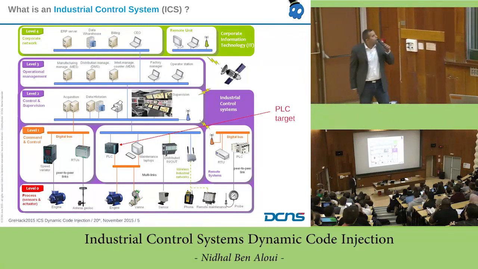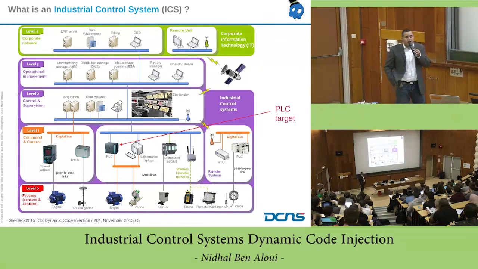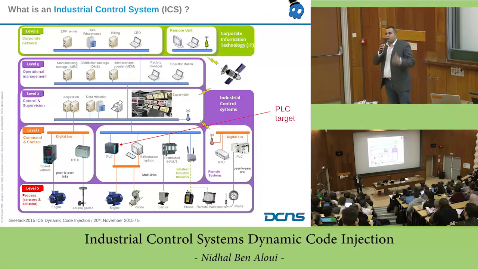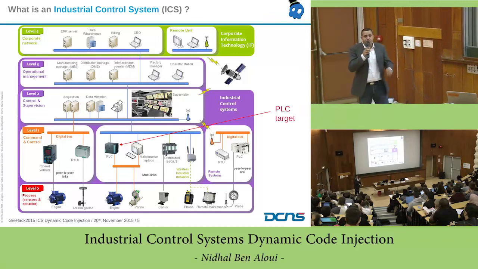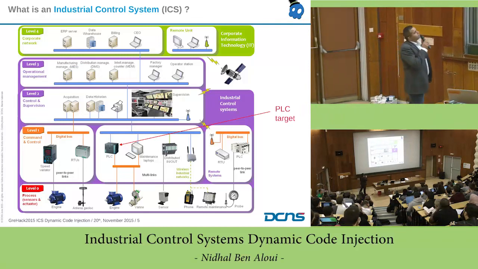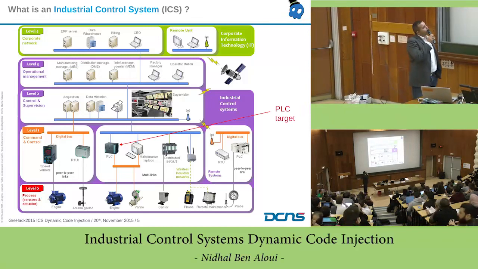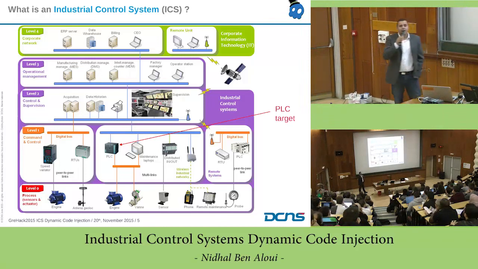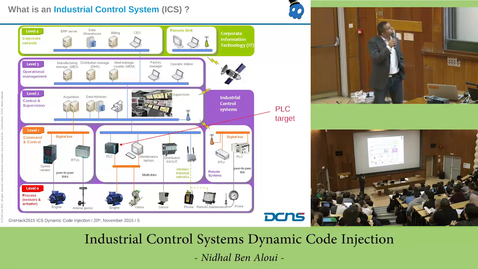And we have the third level, which we call operating management. In general, it's a level at, for example, one factory or one ship, in which we have some servers and some IT computers to control and manage all this infrastructure.